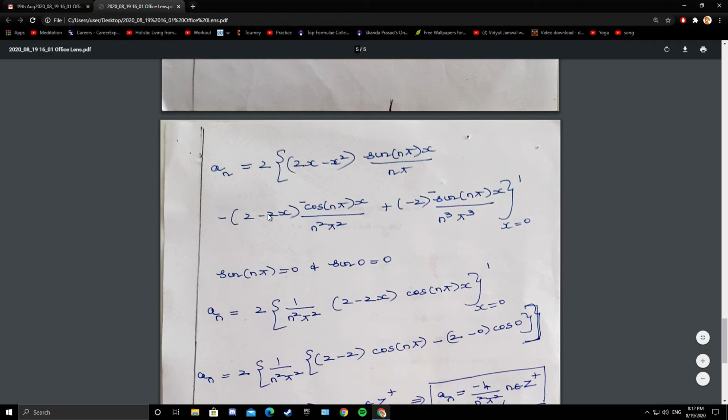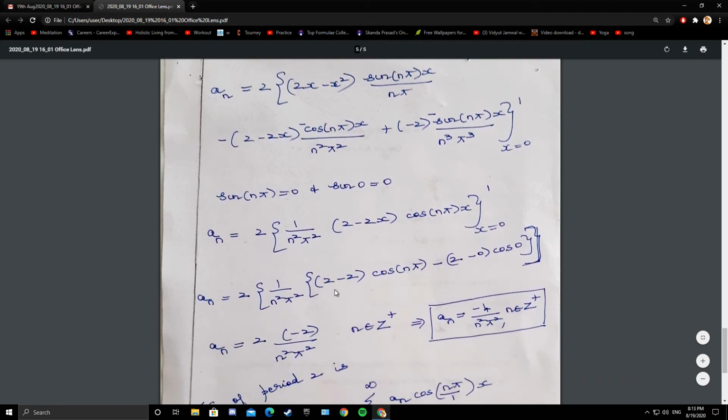So what is the second term? 2 times 2 minus 2x cos of n pi x by n square pi square from x equals 0 to 1. 2 times 1 by n square pi square, 2 minus 2x into cos of n pi x from x equals 0 to 1.